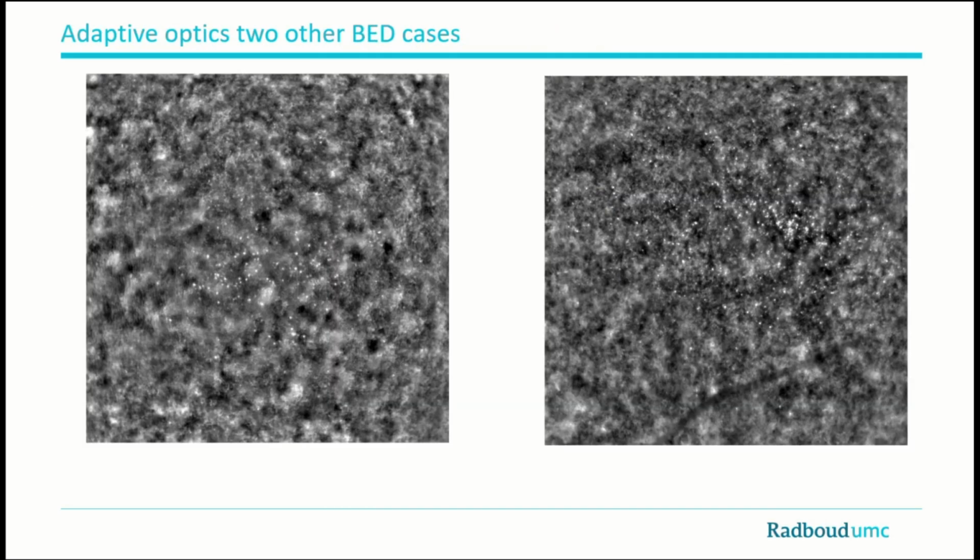And here are two more examples of cases with Bornholm eye disease. So this is very obvious, but this is not specific for Bornholm eye disease. Similar images have also been made in patients with BCM.